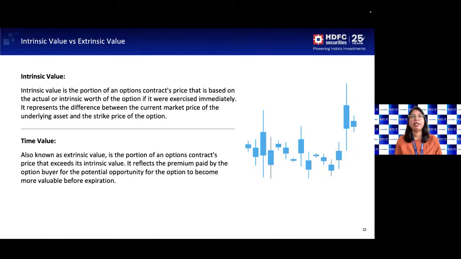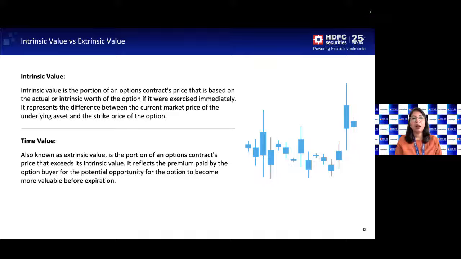I'll give you an example. Intrinsic value is there only in in-the-money options. Let's take an example. Let's say Nifty is at 26,000, the spot price of Nifty is trading at 26,000. Now if we look at the 25,900 call option, 25,900 is the strike price and the spot price is 26,000, so the 100 rupees gap is the intrinsic value that is going to be there in that premium.